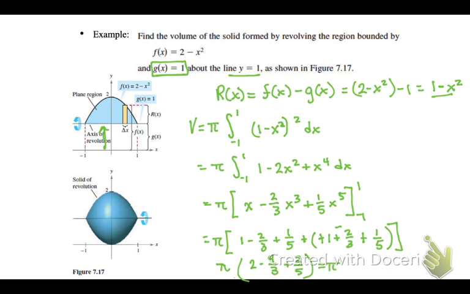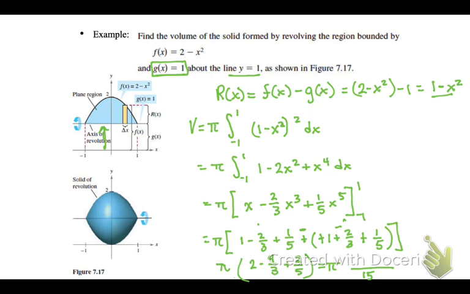Okay, so common denominator has to be 15. Wait, but when you combine, how'd you get minus 4/3? Because I have negative 2/3 and negative 2/3, because I had to distribute that negative that was here. But that made it positive. Yeah, because it was negative.